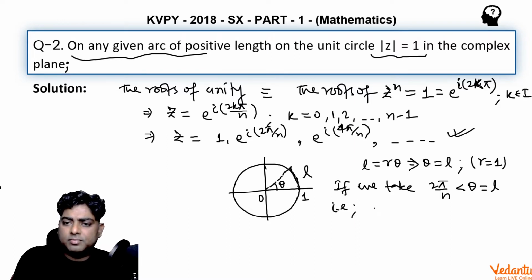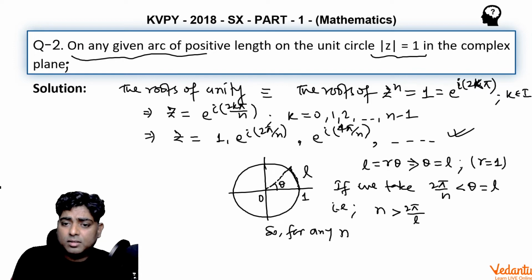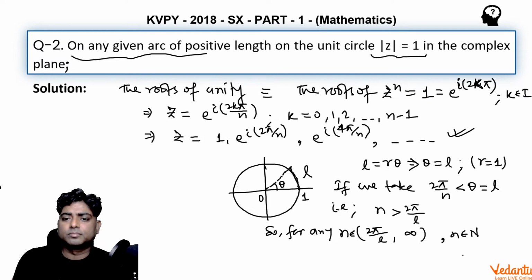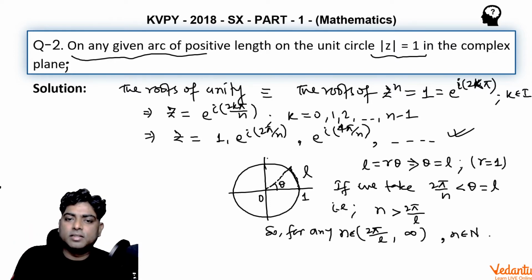That is, if you choose n greater than 2π/L, L is given, then for any n belonging to the interval 2π/L to infinity, n a natural number, there will be a root of unity which lies on that particular arc taken.